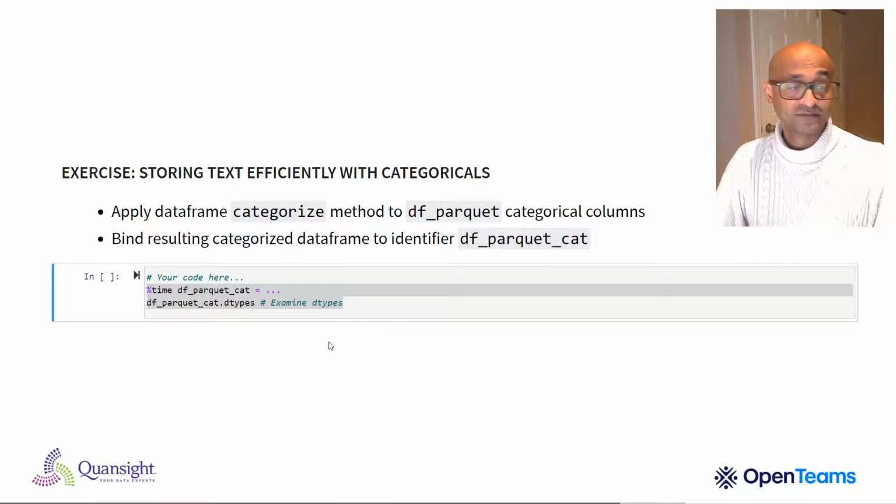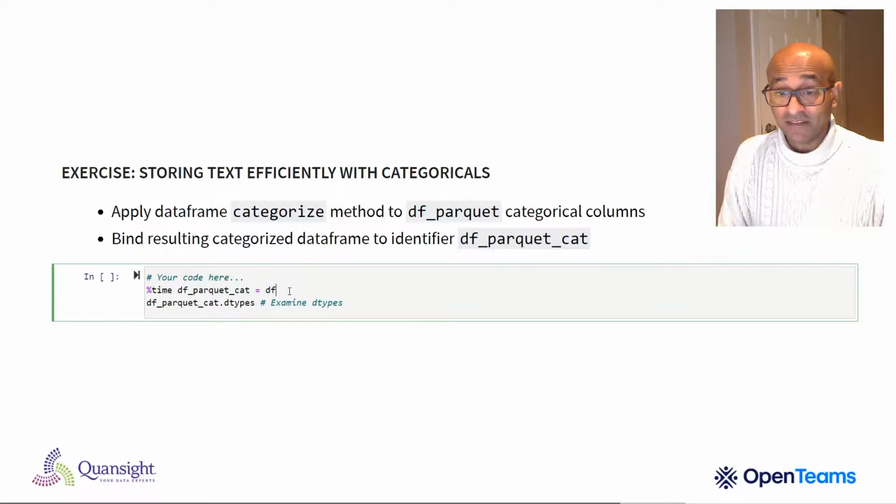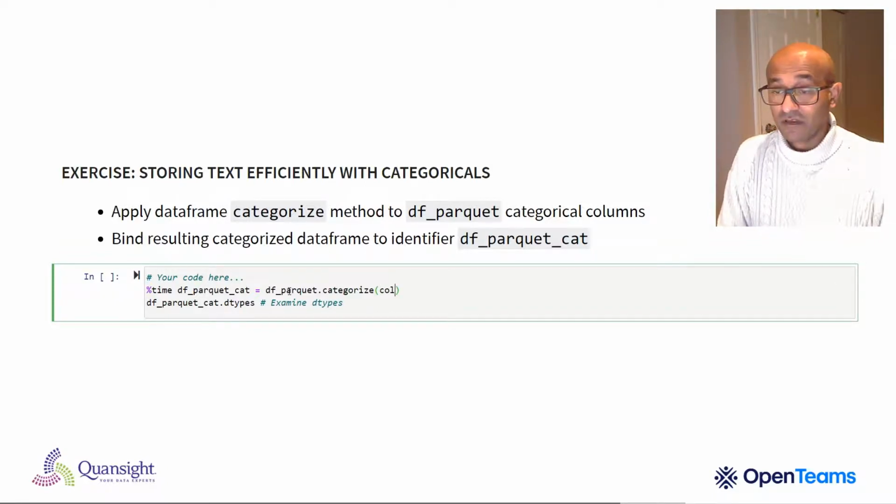So the way that we can get this information out is we can do something like this. We'll take our Parquet data frame and I'll apply the categorize method to that. By default, if I don't put any arguments, it will apply to all of the categorical columns, but since I've actually identified what those are, I will just put those in explicitly.